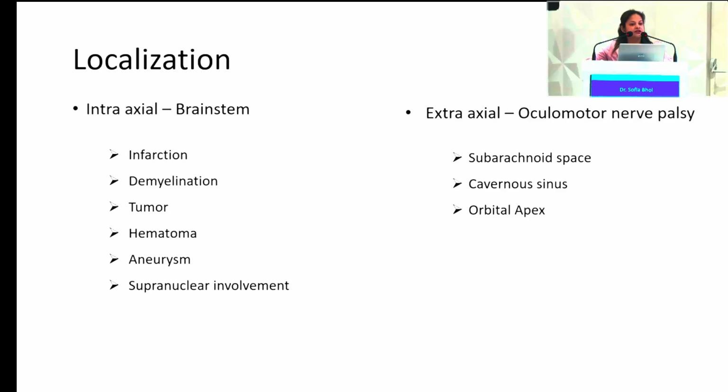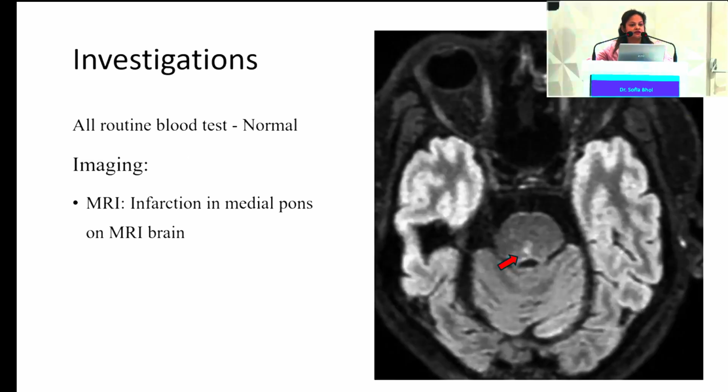Intraaxial are infarction, demyelination, tumor, hematoma, aneurysm, and extraaxial are oculomotor nerve palsy, which can be in subarachnoid space, cavernous sinus, and orbital apex. Coming to the investigation, all the routine blood tests were found to be normal, and on MRI, there was an infarction in the right medial pons.